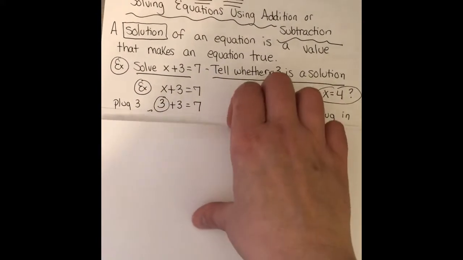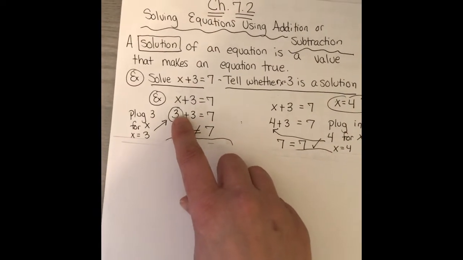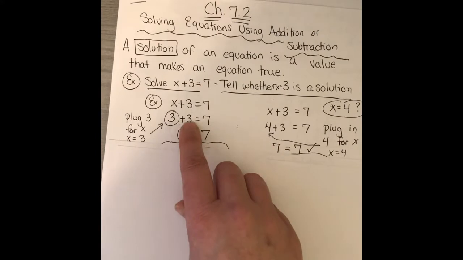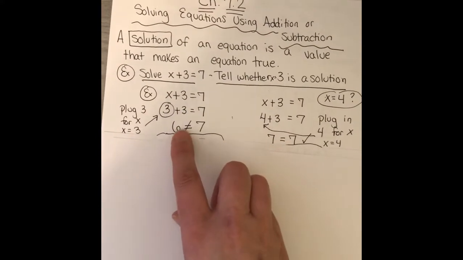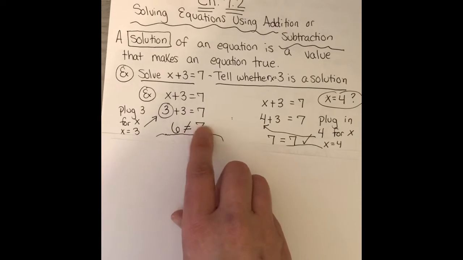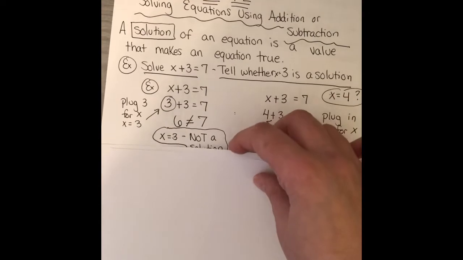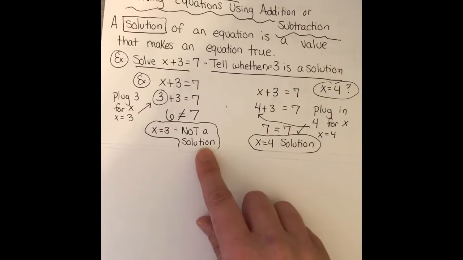So if we do that, I'm going to plug in 3 for x. So then I have 3 plus 3 equals 7. Well, on this side, I get 3 plus 3 is 6, and 6 does not equal 7. So I would say no, 3 is not a solution.